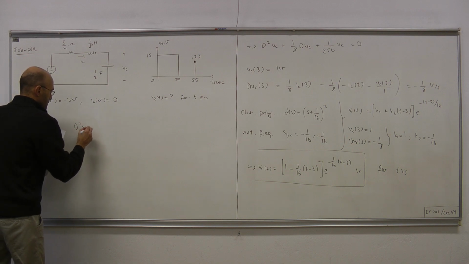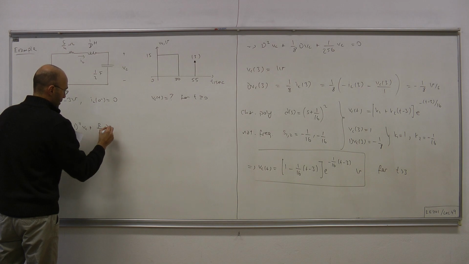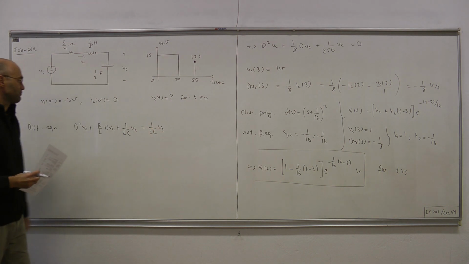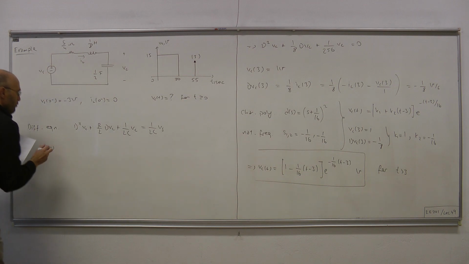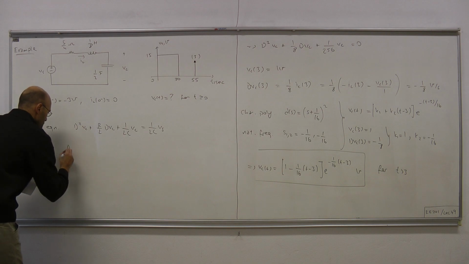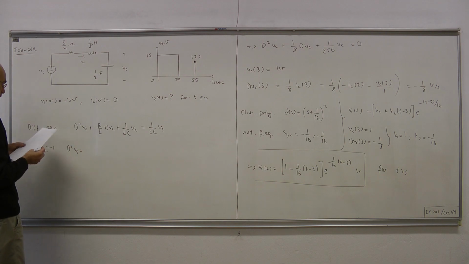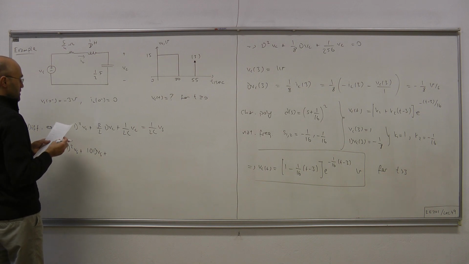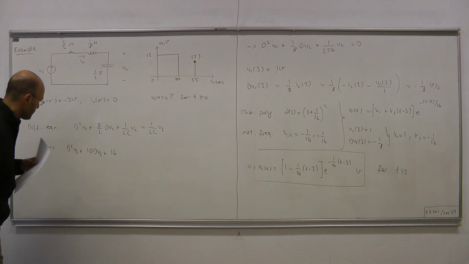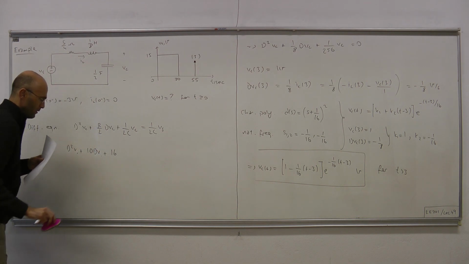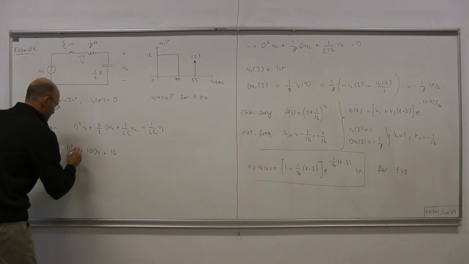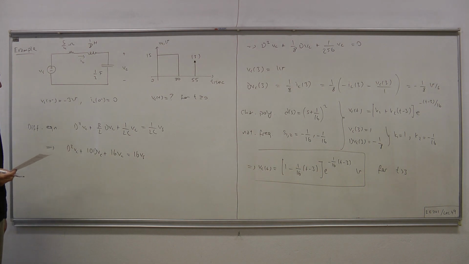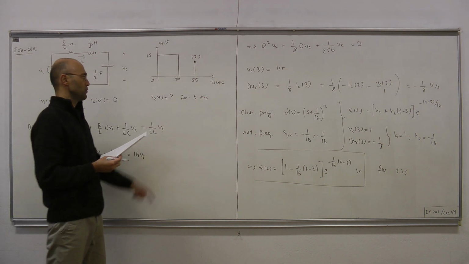Therefore, the differential equation is d squared VC plus R over L dVC plus 1 over LC VC equals 1 over LC Vs. For the parameter values given, this boils down to d squared VC plus 10 dVC plus 16 VC equals 16 Vs. This is in terms of capacitor voltage, which is fine because we're trying to figure out the capacitor voltage.